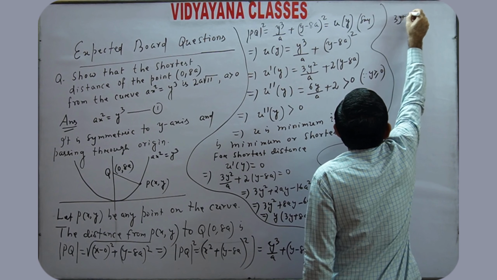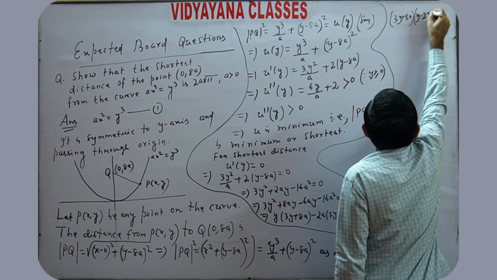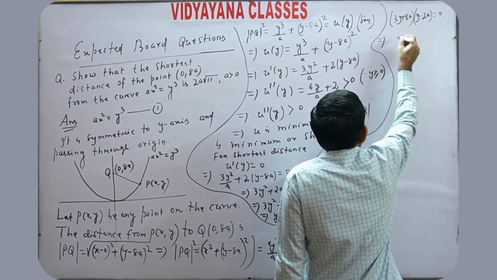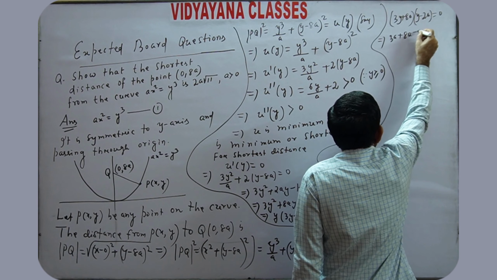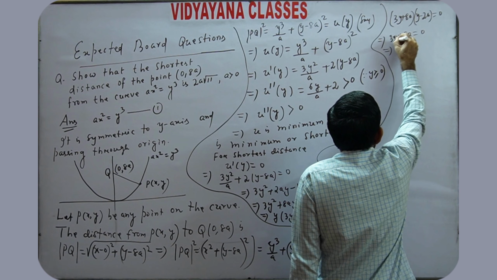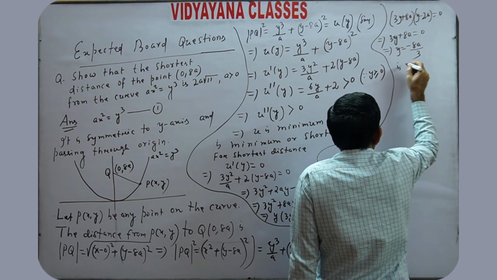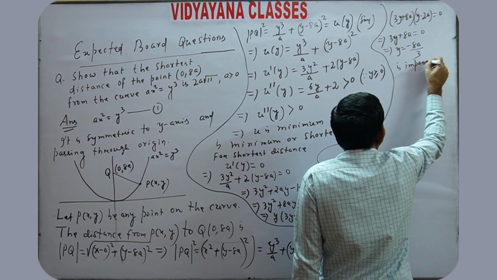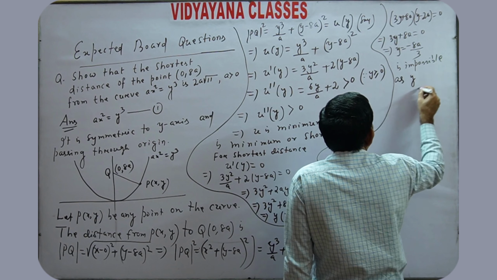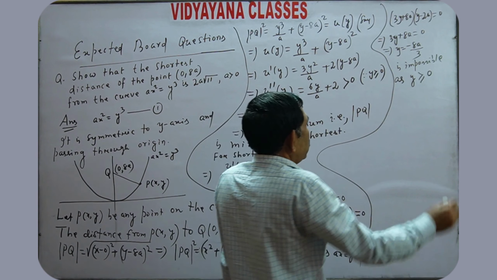(3y + 8a)(y − 2a) is equal to 0, which implies 3y + 8a is equal to 0, so y is equal to −8a/3, which is impossible, as y is greater than or equal to 0 and a is greater than 0.